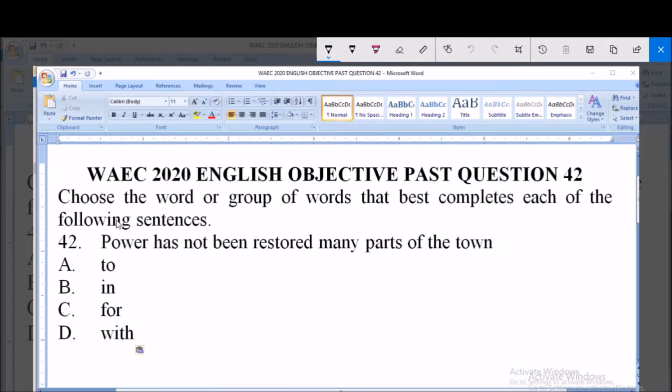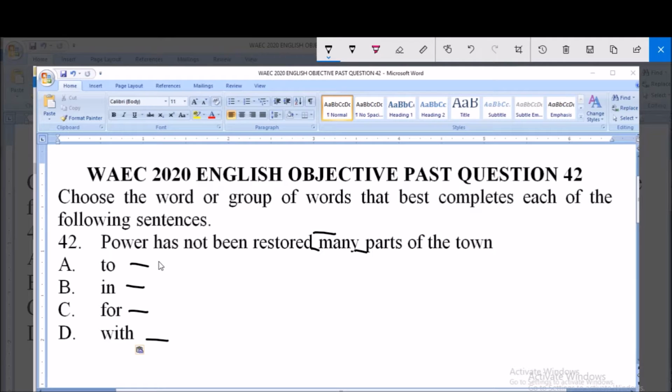The sentence says, power has not been restored dash many parts of the town. Option A: to, B: in, C: for, D: with.